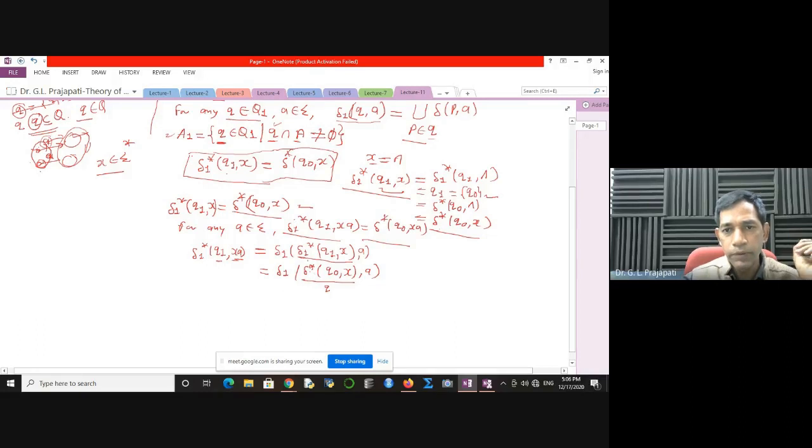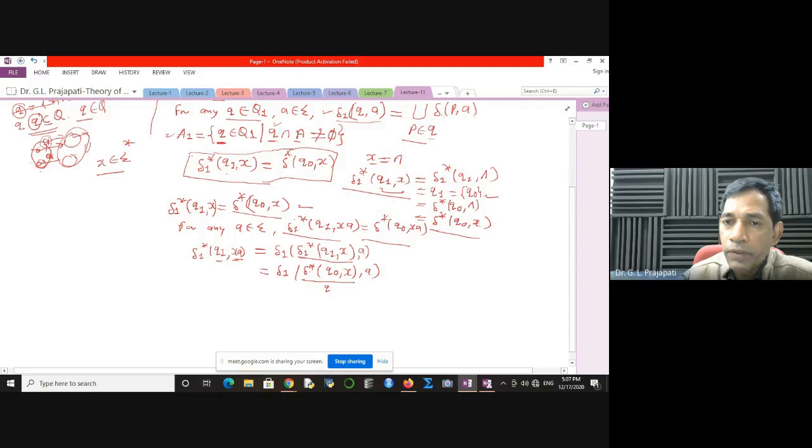So how have you defined the transition function of the DFA? Delta 1 of Q, A, you have taken the help of the transition function of the NFA.